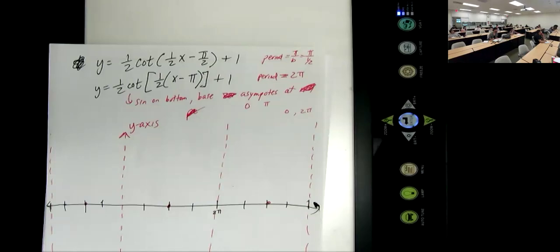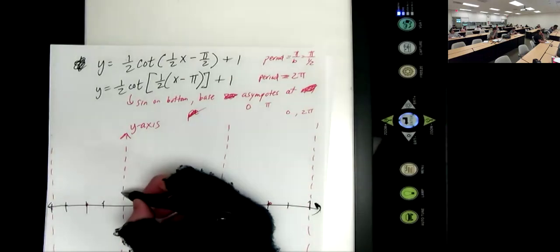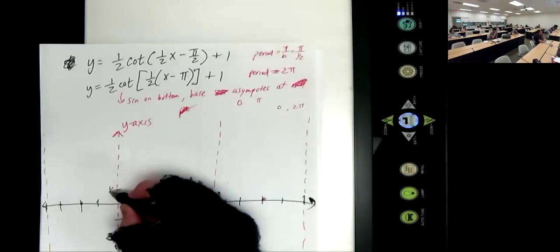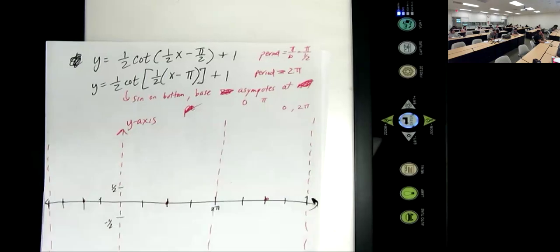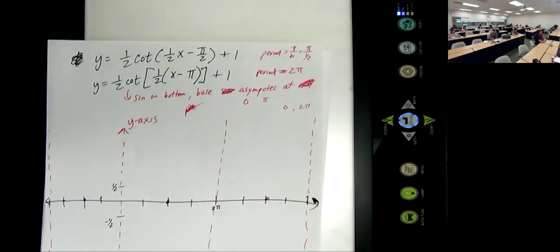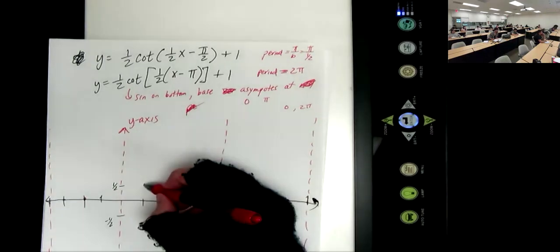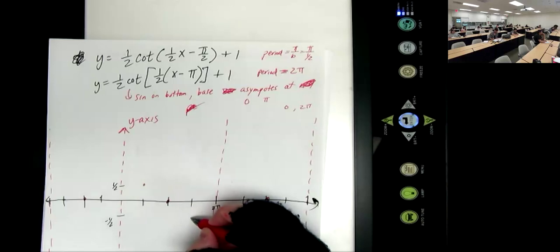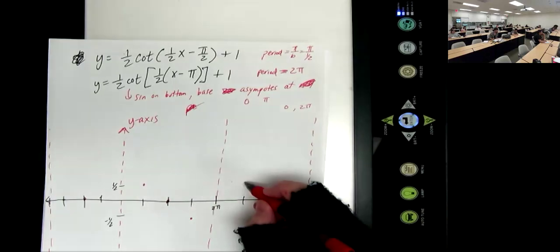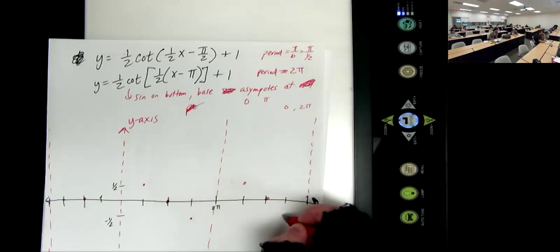I need to have a vertical component here, this goes up to 1/2. And cotangent went downward from left to right. So we got a mark there and a mark there. Mark there and mark there.